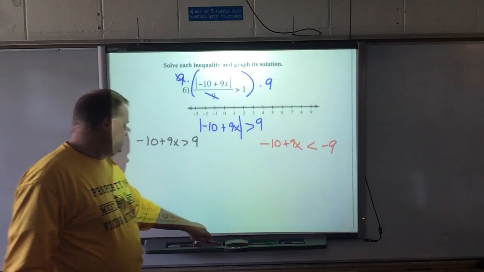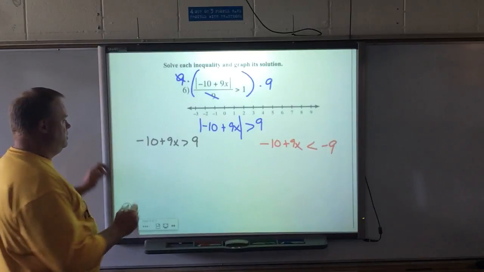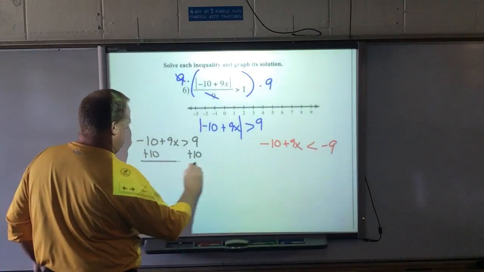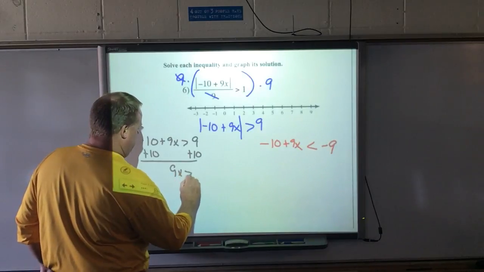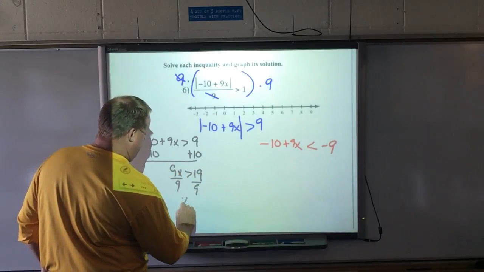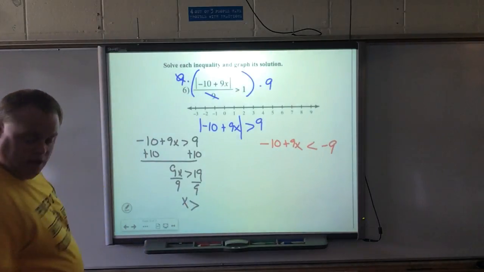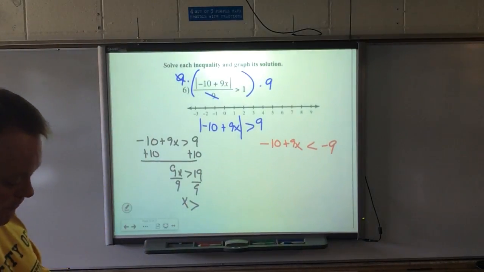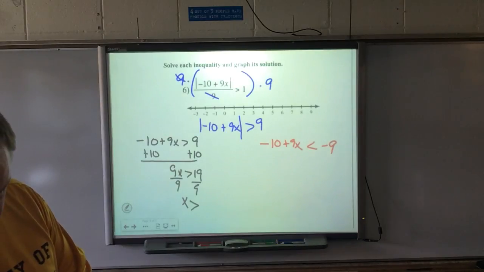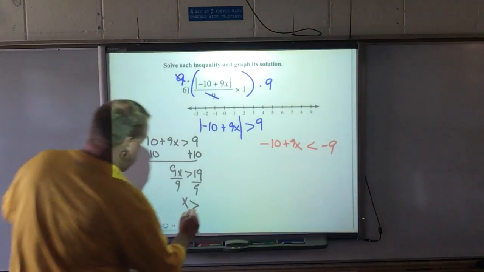So I'm doing it twice. Here we go. Add 10 to both sides. Add 10 to both sides. 9x greater than 19. Divide by 9. Divide by 9. X is greater than. And I'm going to give it to you in decimal form. 19 divided by 9 is 2.11.